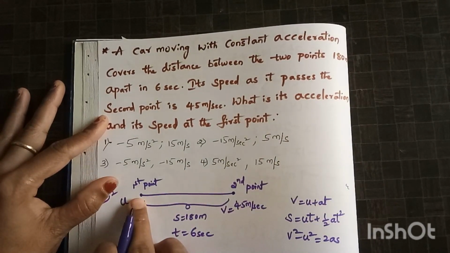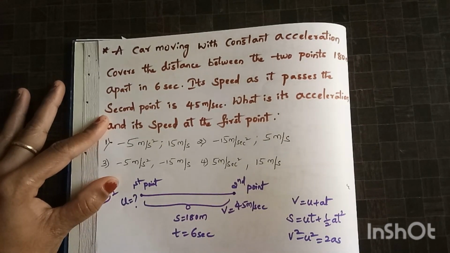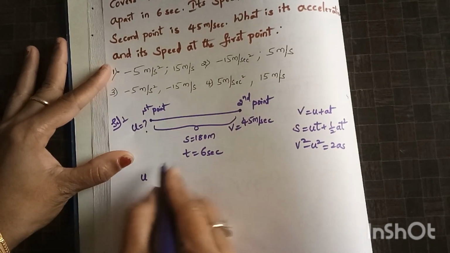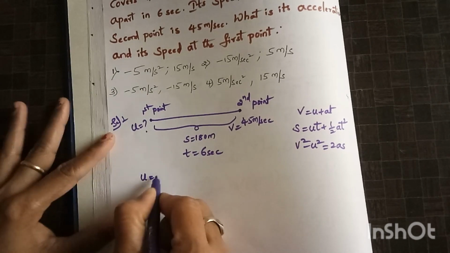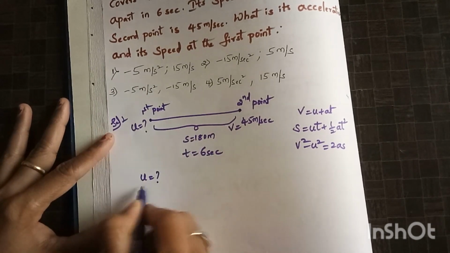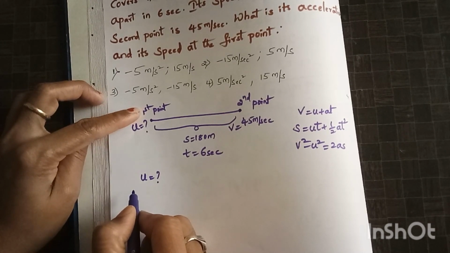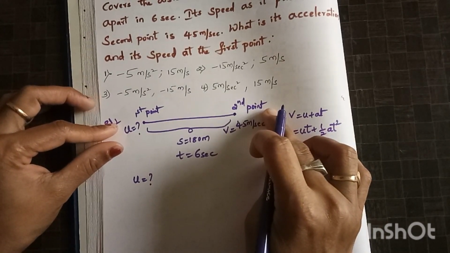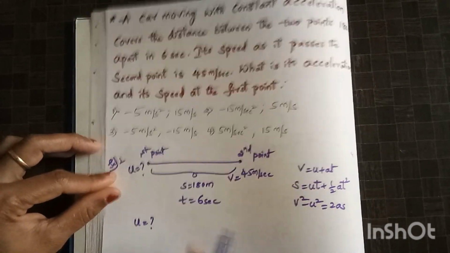At the first point he said to find the speed, that is u, and he said to find the acceleration a. So we are going to find the speed or velocity at the first point, that is u. The first point is the initial point and consists of initial velocity, and the second point is the final point and consists of final velocity, that is v. He gave the second point speed, so v equals 45 meter per second.